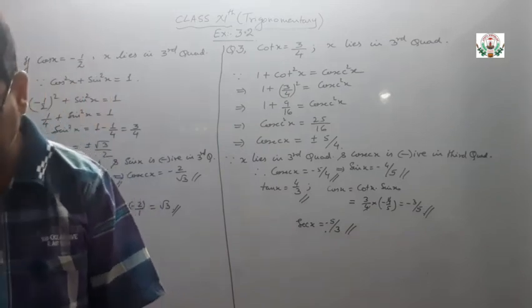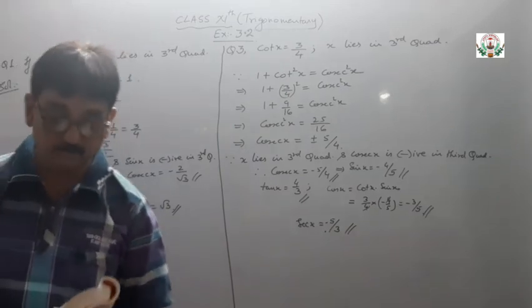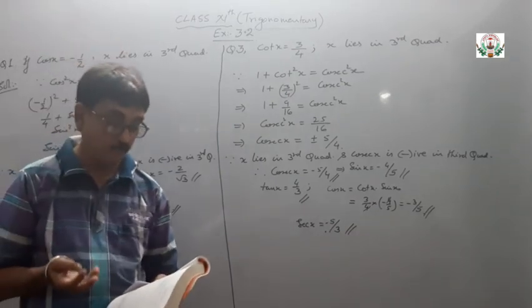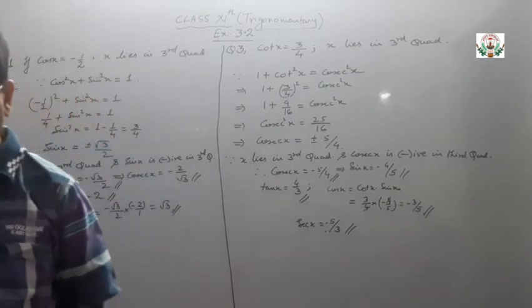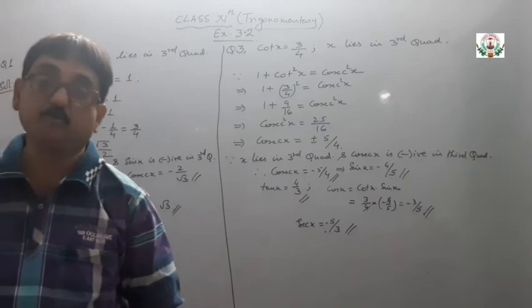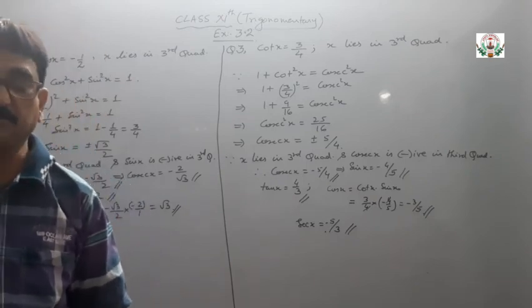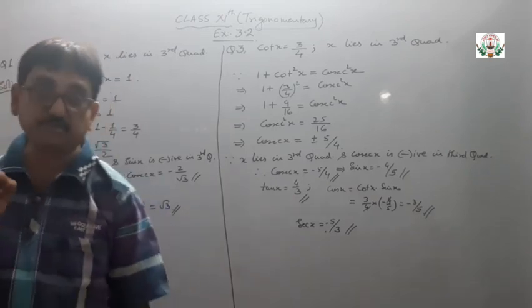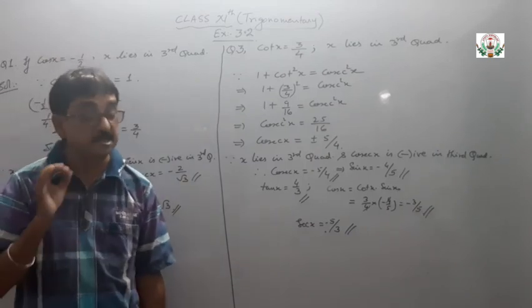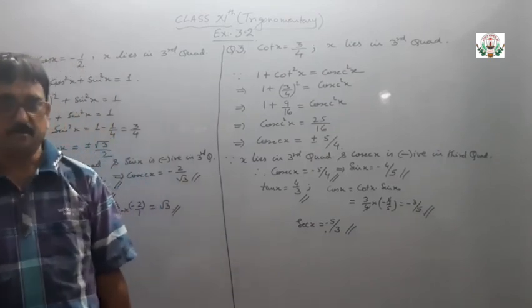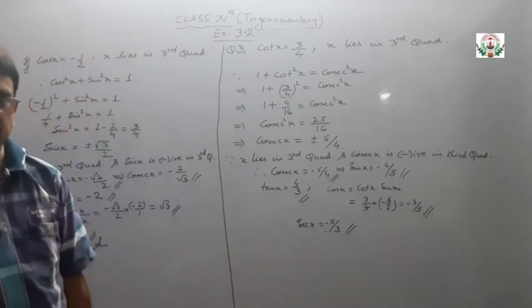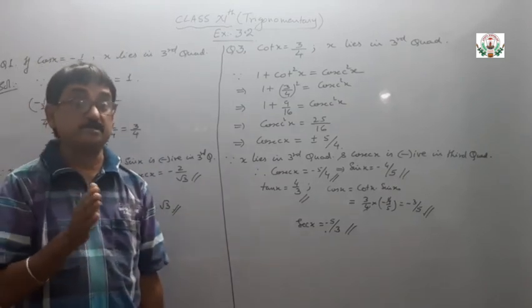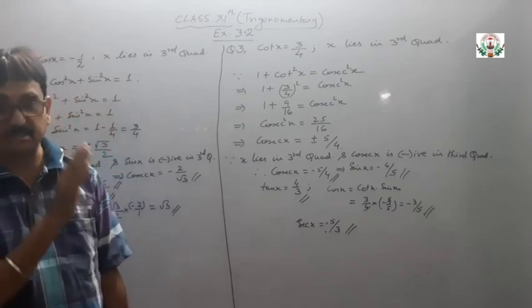In the same way, we can now solve questions number 2, 4 and 5. Questions number 2, 4 and 5 of exercise 3.2 will be homework. And let me tell you one thing: after you finish any exercise of any chapter, there are some examples before that exercise.